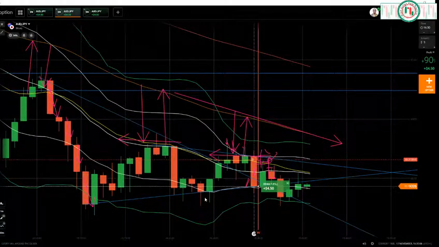But here you see this is the reversal pattern, but the next candle is weak, and the third candle is also weak and closes below the 20 EMA. So that's why I know the market definitely will reverse from this level.